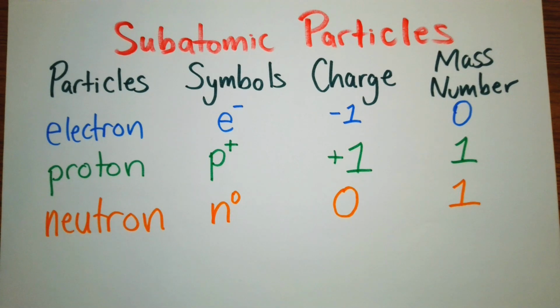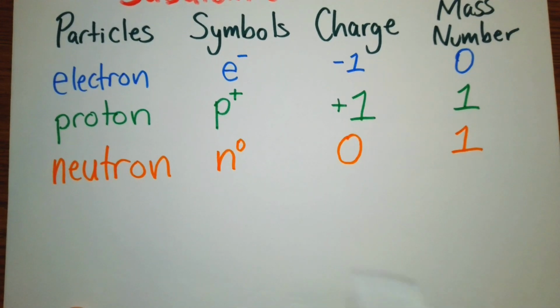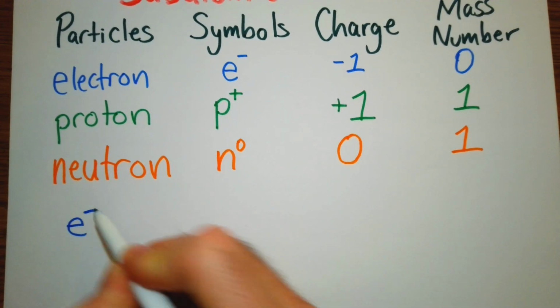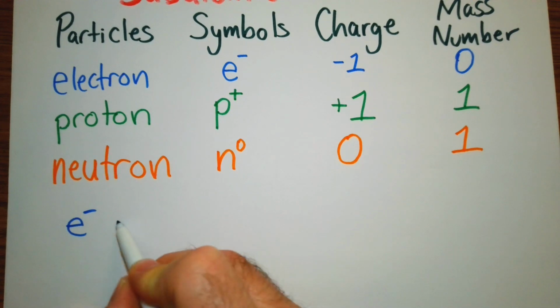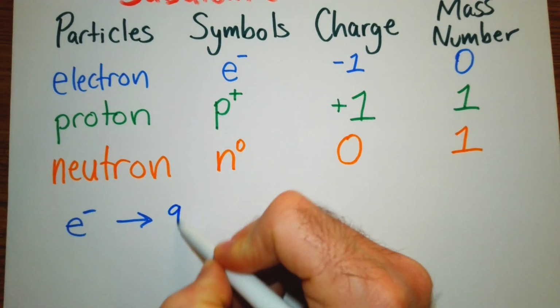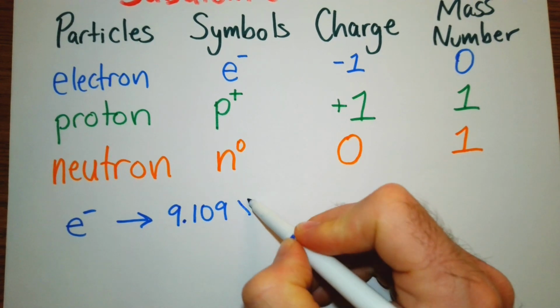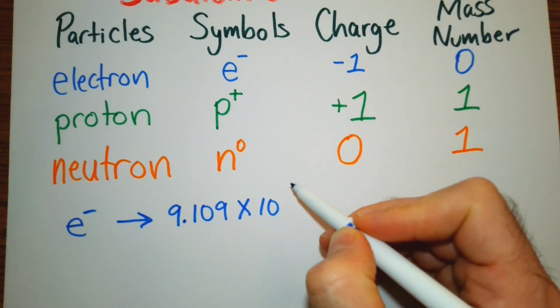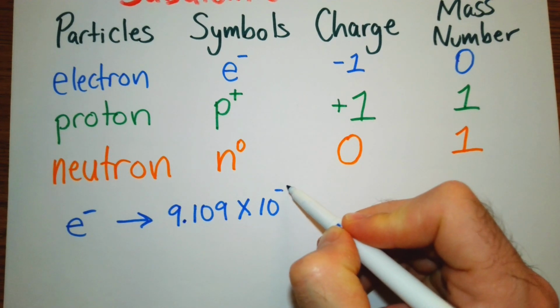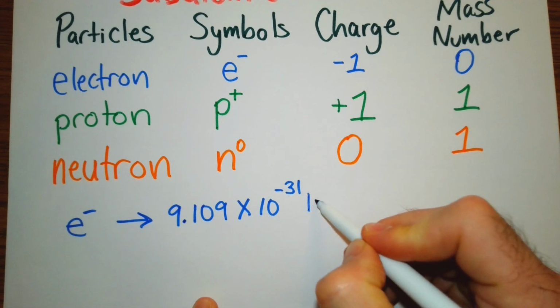For the sake of discussion, I will show you how the electron does technically have mass, and it's been measured. For the electron, the mass would be an extremely small number: 9.109 times 10 to the minus 31 kilograms.